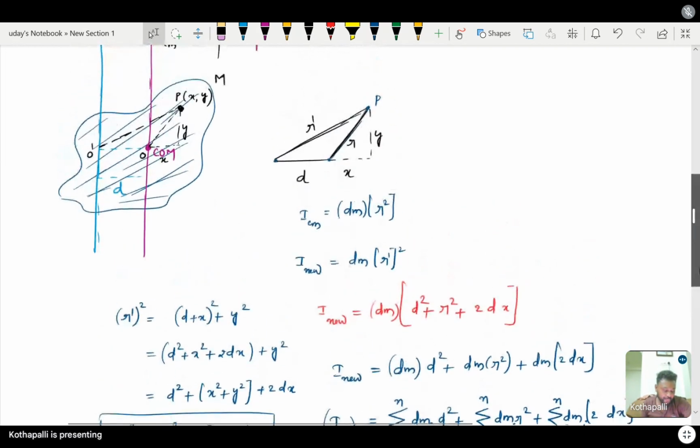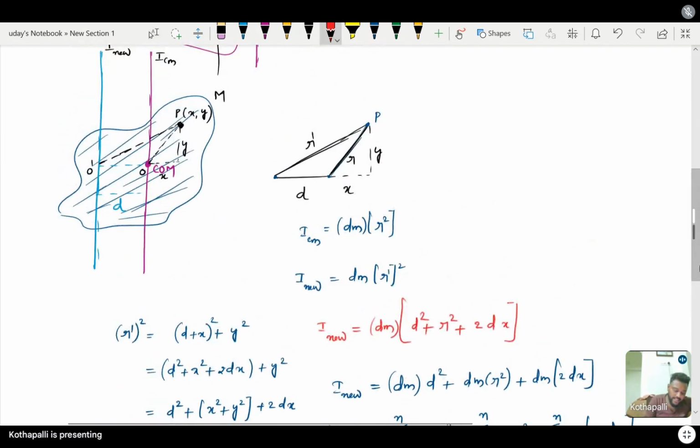If you look at the diagram, for example, here one point mass is there. When this object is rotating anti-clockwise, the moment of this particular mass at this instant will be upwards. Exactly opposite point mass, if I take, that moment will be downwards. So they are exactly opposite and equal.